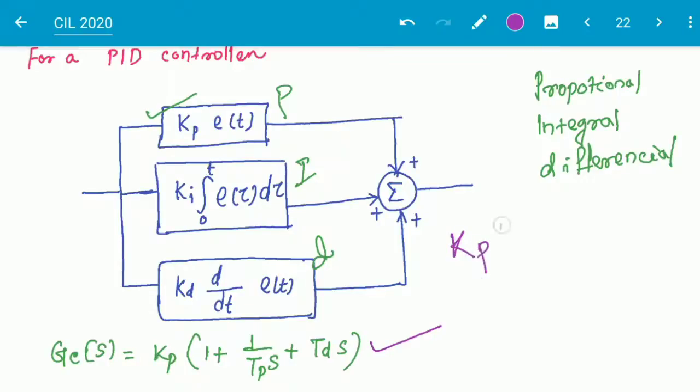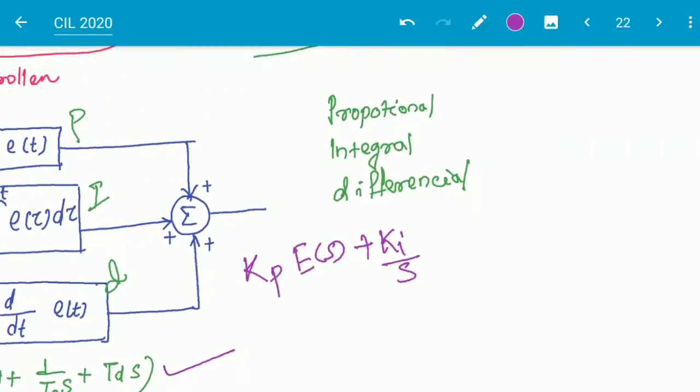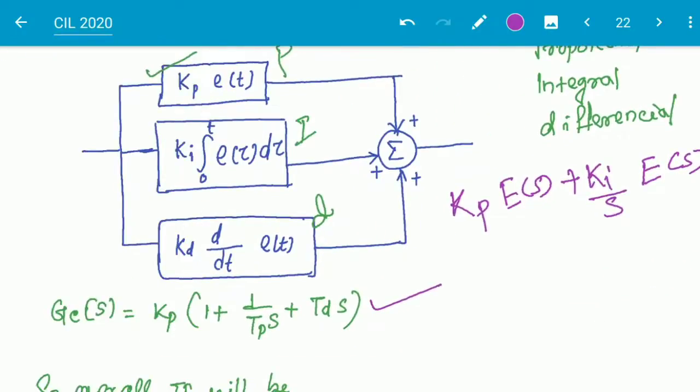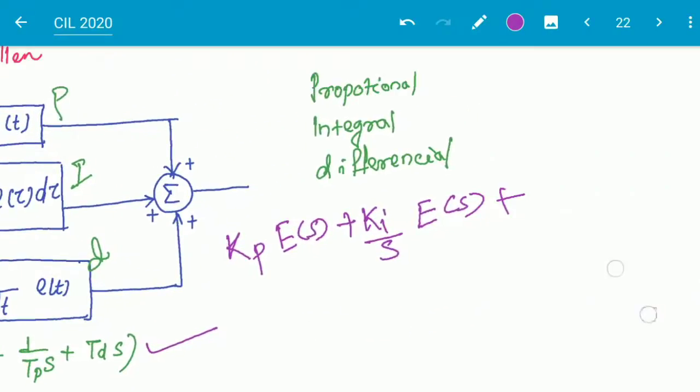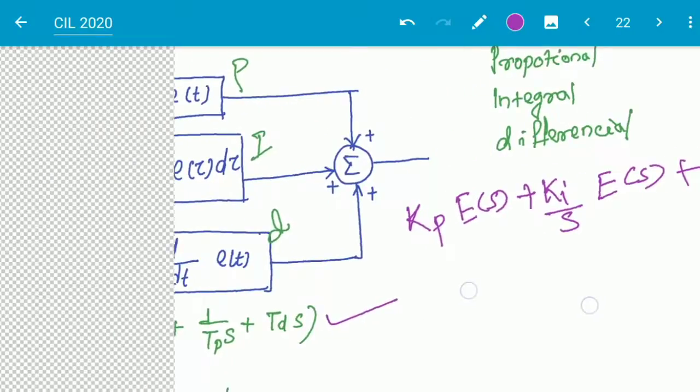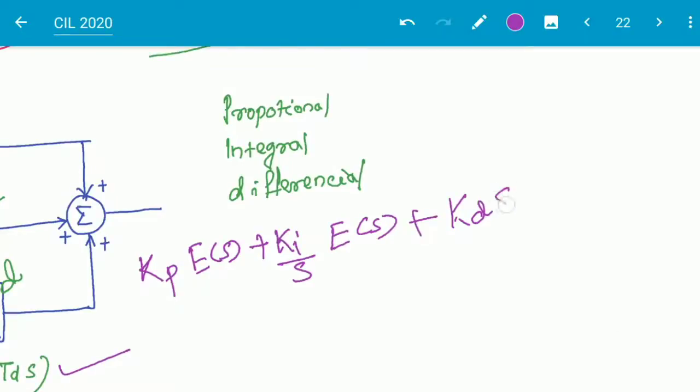This is actually Kp into Es plus Ki by S into Es plus Kd, the differential term, into S into Es.